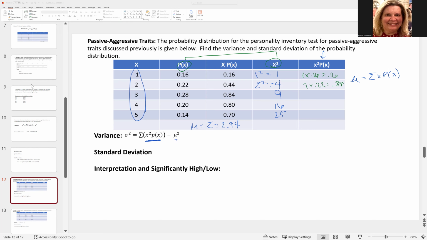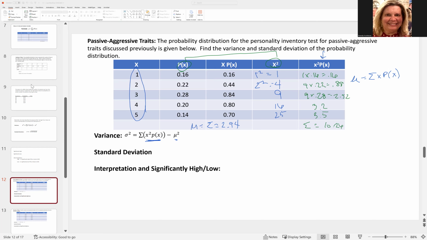You don't want to do that. 9 times 0.28, which is 2.52. 16 times 0.20, and 25 times 0.14. Okay, so I got those values, and because of the formula, I want the sum of that column, so I'm going to add all of those numbers together to get 10.26.